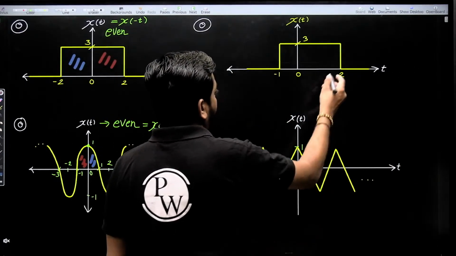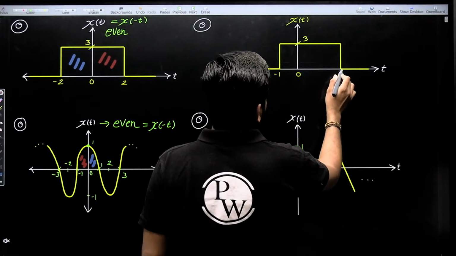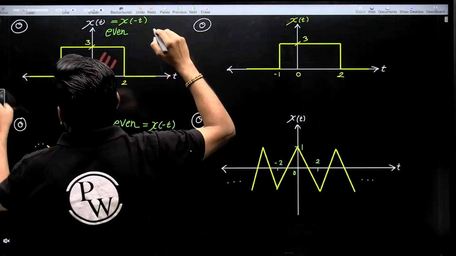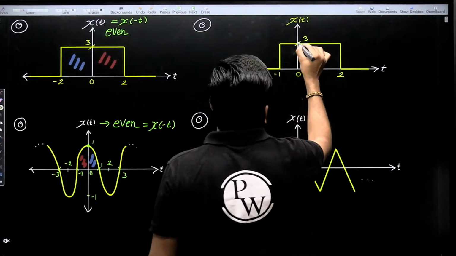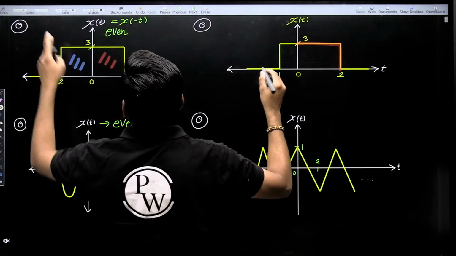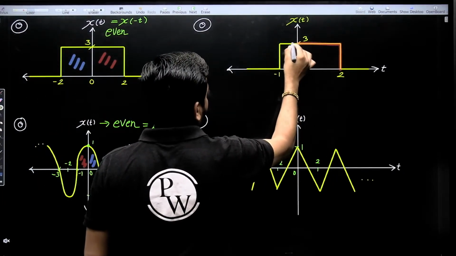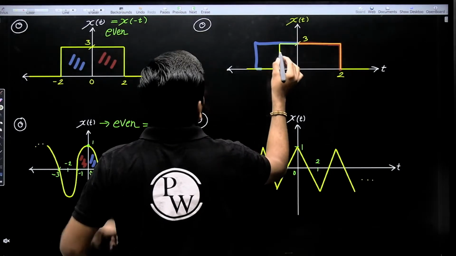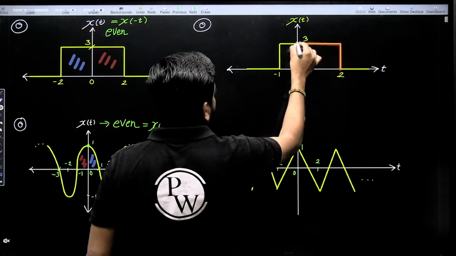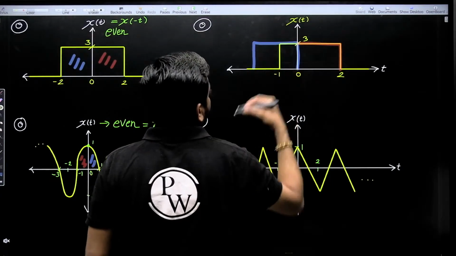Here, see, this is between 0 and 2, and if you do the folding with respect to y axis, then it will be between 0 and minus 2, correct?